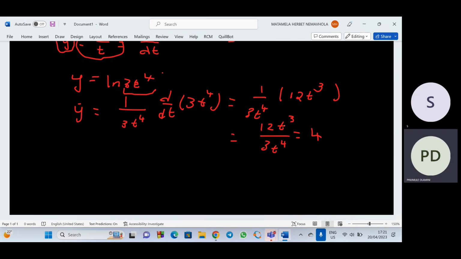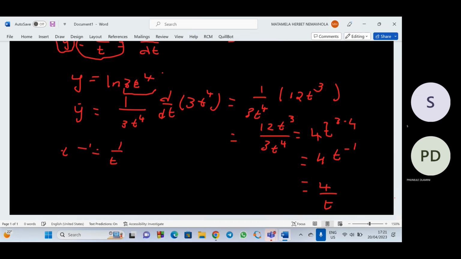And then for t, according to the rules of exponents, if the bases are the same and you are dividing, you subtract the exponents. It's going to be t to the power 3 minus 4, which is 4 times t to the power negative 1. When you have t to the power negative 1, this is the same as 1 over t. So now we can rewrite this as 4 over t.